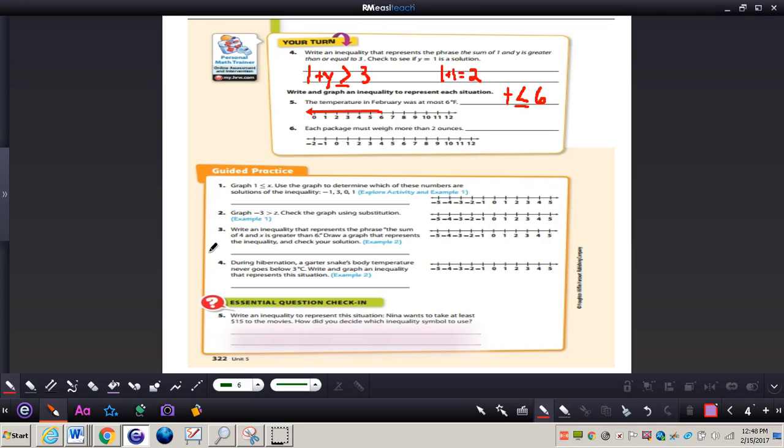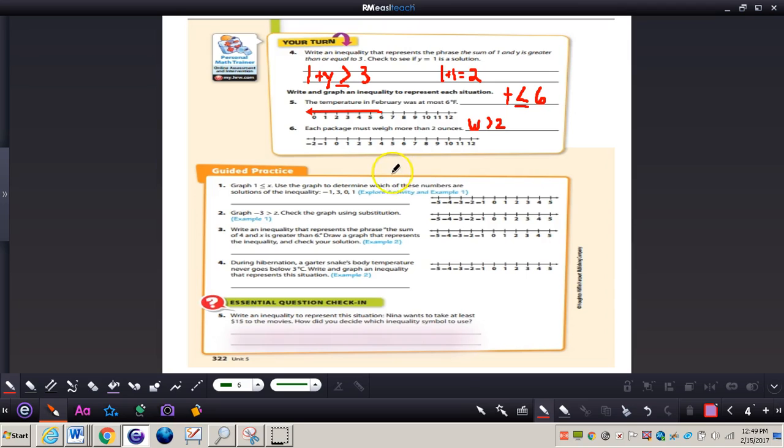Each package must weigh more than 2 ounces. So once again, taking a look at those phrases, more than, we can see it's going to be dealing with the greater than symbol. So for 6, the inequality would be, we'll do W for weight. Weight is greater than 2.